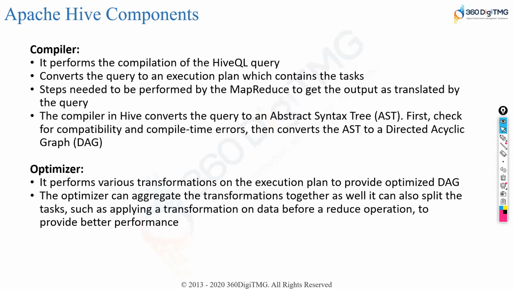Right? Once we come from Metastore, we have compiler. Now remember, compiler is responsible for converting the high level code to MapReduce code. So compiler is converting the actual code, right?